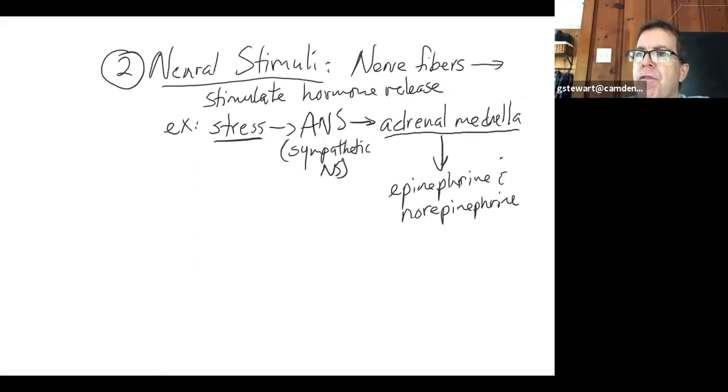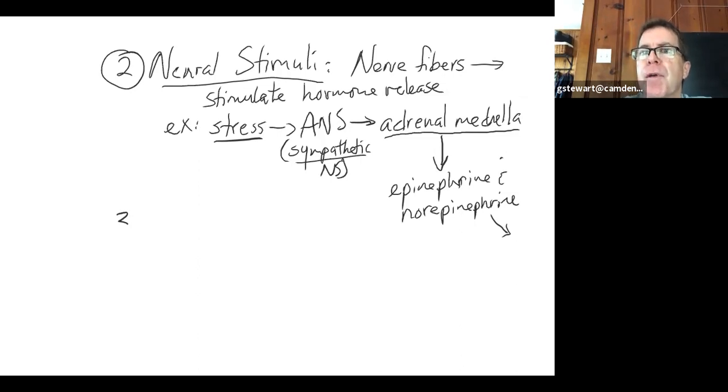And you know what these things do. That's the sympathetic nervous system reaction. Dilates bronchioles, dilates pupils, increases blood flow to the heart and skeletal muscles, increases heart rate. All that long list of things that the sympathetic nervous system does.